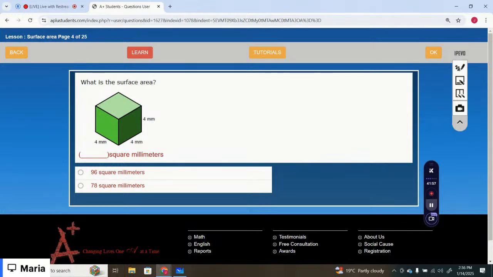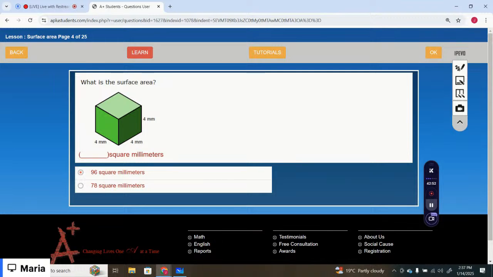Okay, what is the surface area, which is the correct option? Ninety-six square centimeter is the correct option because the area of one face is 16.